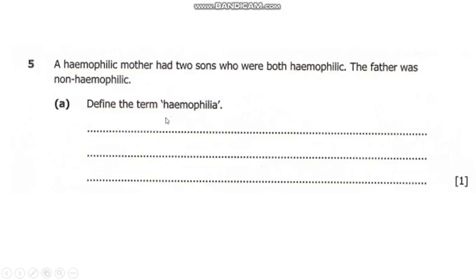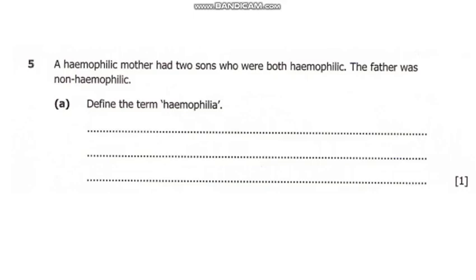So when you look at the term hemophilia, we can say hemophilia is an inherited disease where a human being bleeds for longer periods than normal due to the poor clotting of blood. This condition comes as a result of the human being lacking certain protein clotting factors that we call factor 8 and factor 9.